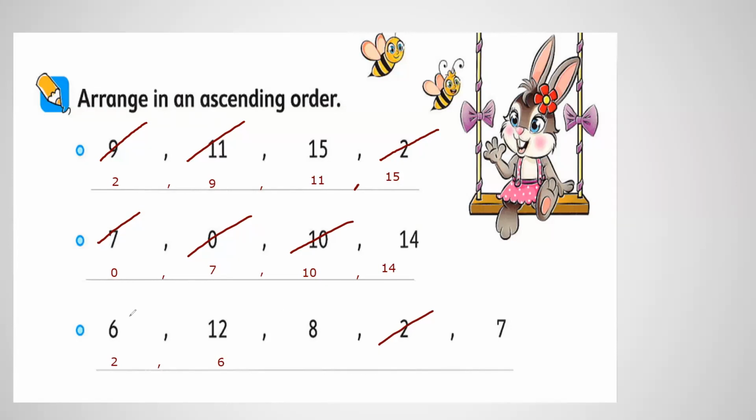Okay, after 6, yes, it's 7, and cancel it, don't forget. After 7, now we have 8 and 12 left. So yes, sure, 8 will come first. And the last one or the greatest one here will be 12.